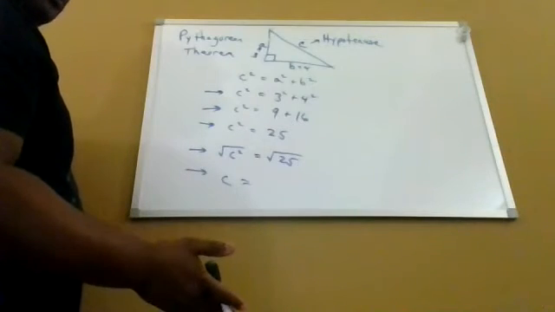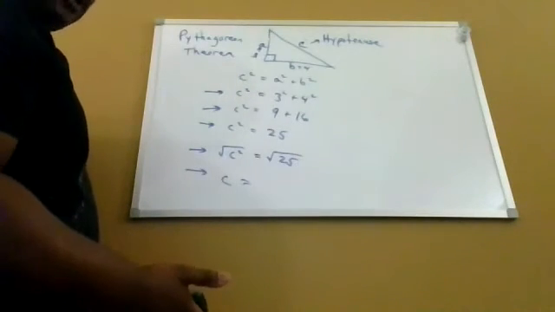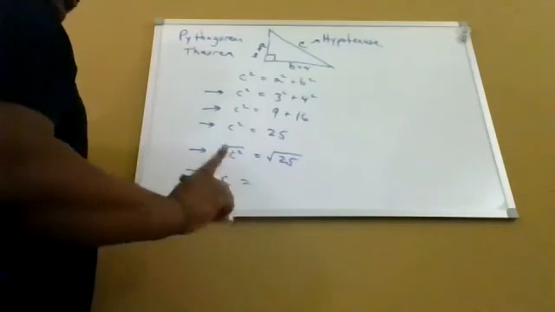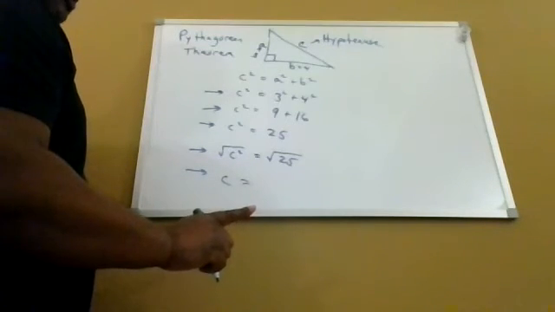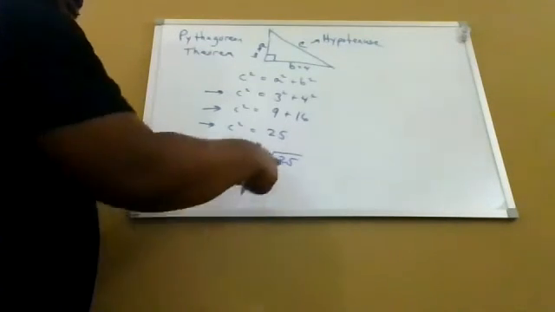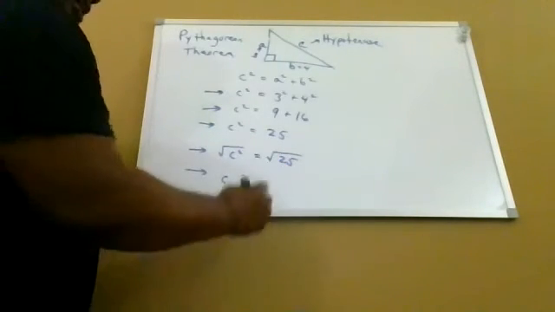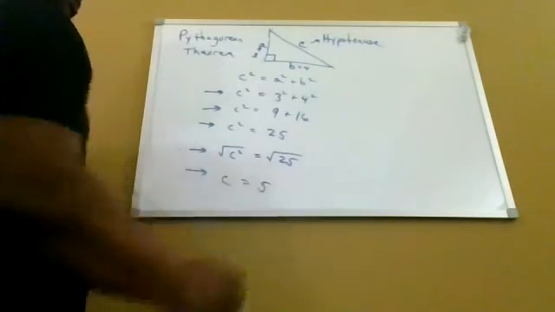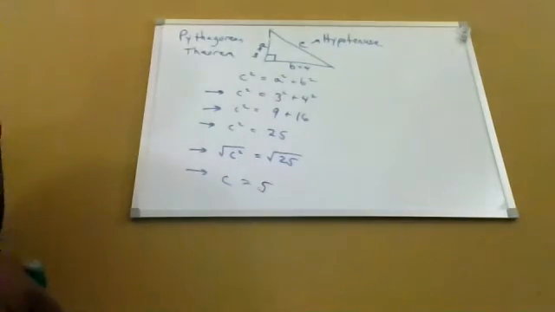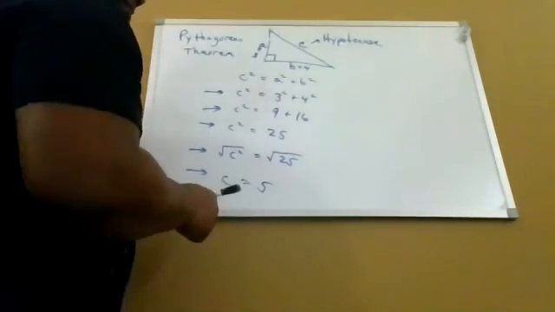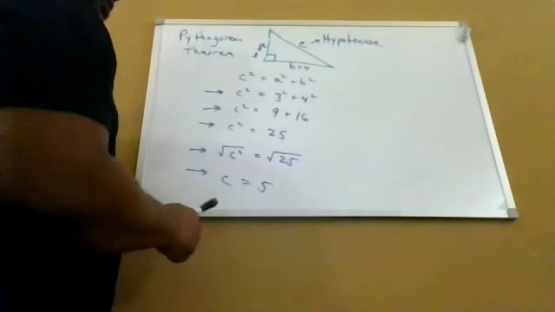Again, we ask ourselves, you know the answer is 5 right offhand, but just in case, you say to yourself, okay, what one number do I multiply twice to get 25? Well, that number is 5. And this is why it's important to know your square roots.